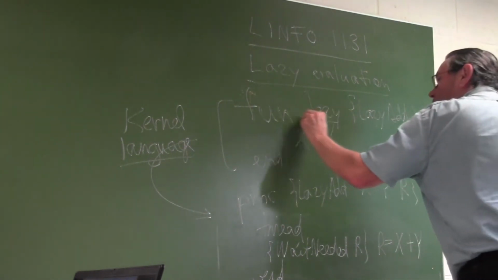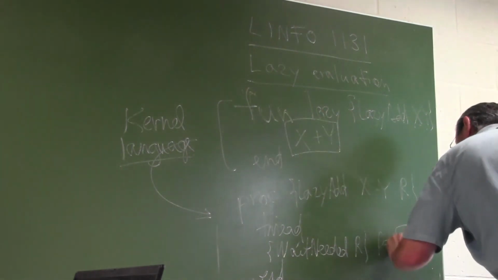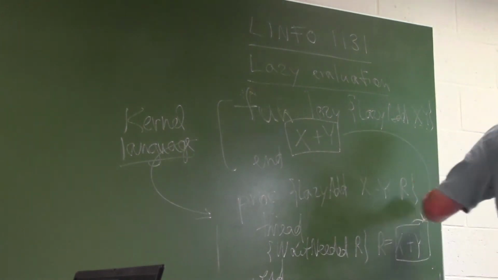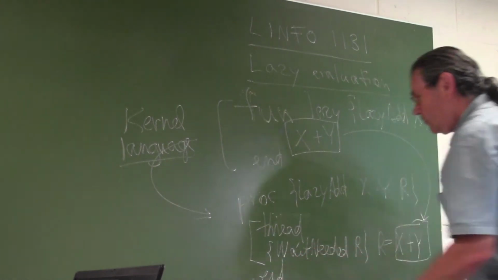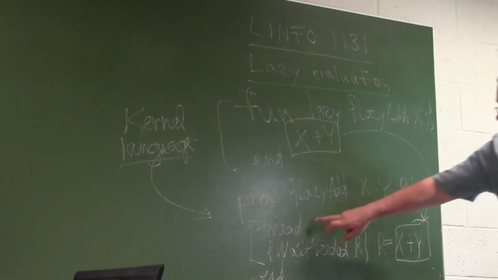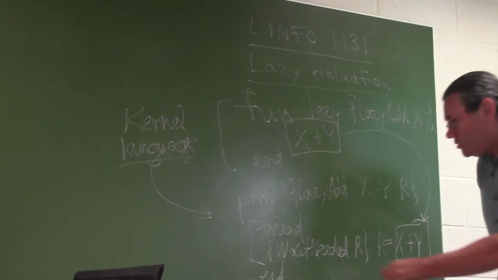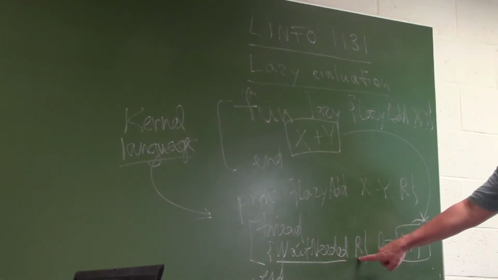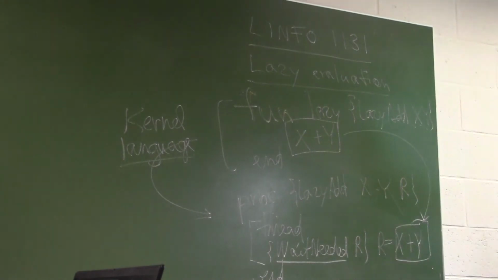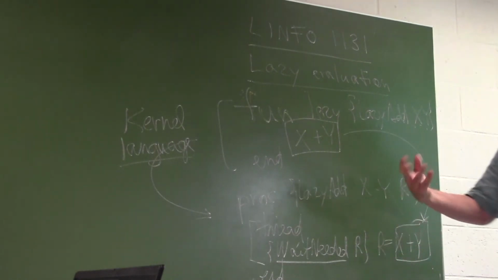So the body of the function here, you can see it again here, huh? But you can see we're doing something around it here. We create a thread, and this thread does an operation called wait needed on the result. So it waits until the result is needed by somebody.